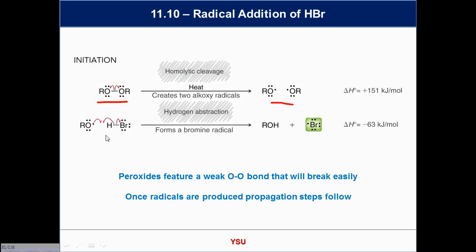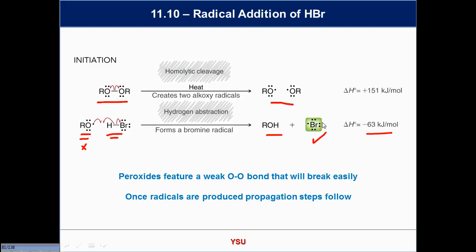What else is present in here is HBr. And so what can happen now is that the oxygen radical can grab one of the hydrogens, take it off to produce a stable molecule, and again, transfer the instability from the O to the Br. We've seen that a lot. We have transferred from here, oxygen radical, not very good, and we want to make a bromine radical, much better, because that process is exothermic.